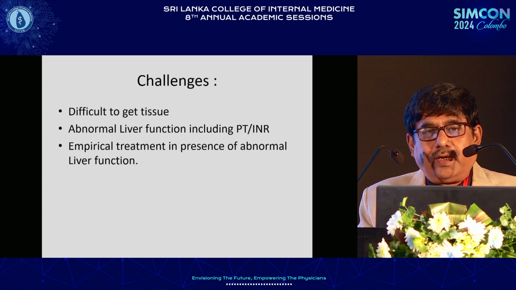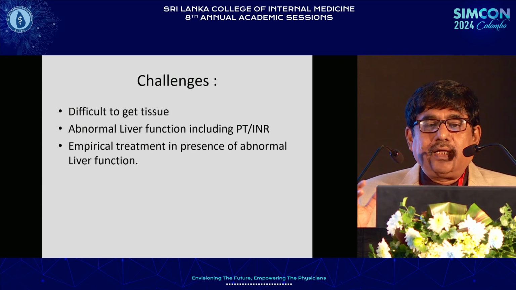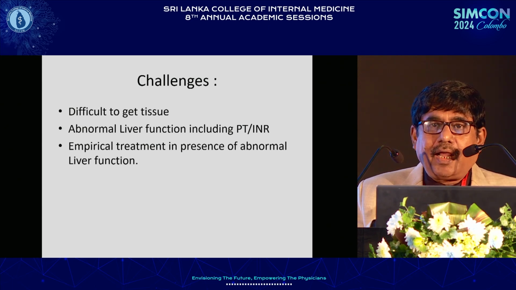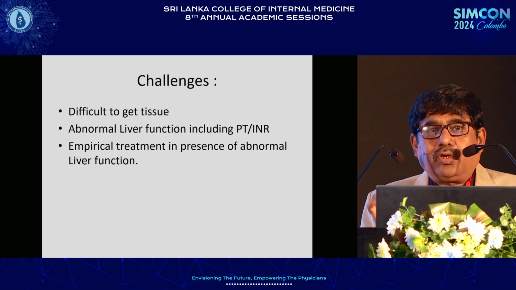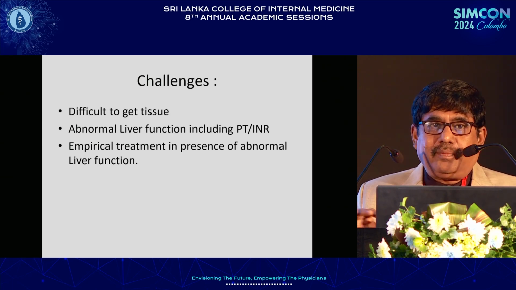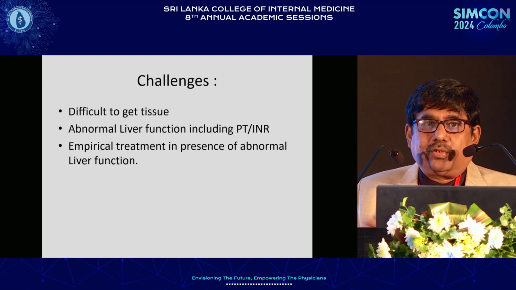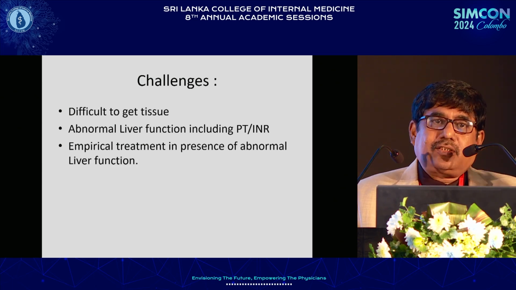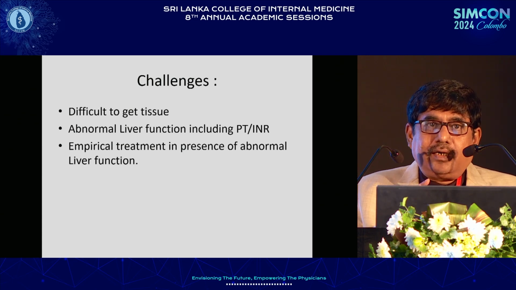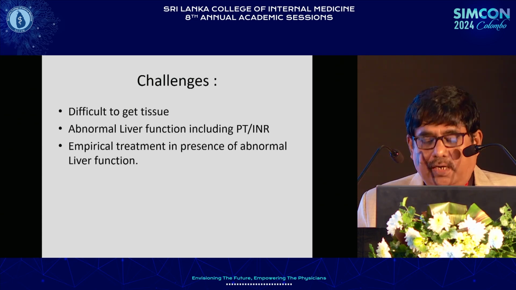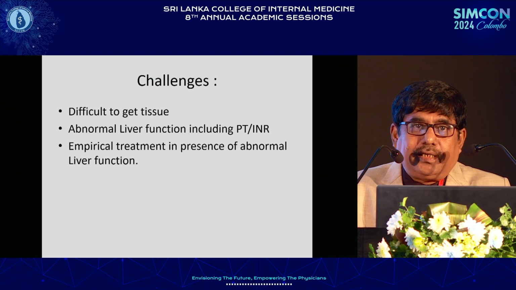Also, often such patients have an altered PT-INR and abnormal liver function tests. So physicians are very apprehensive to get tissue or do a needle biopsy for fear of bleeding. And even if you diagnose tuberculosis, the challenge is how to modify the drugs in the presence of abnormal liver function. So this is the challenge.